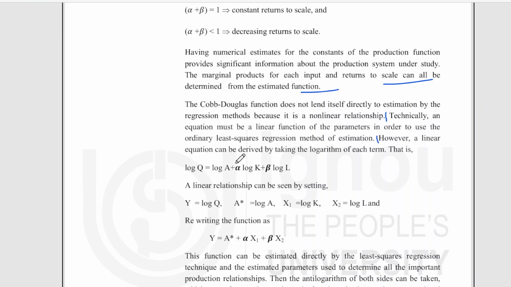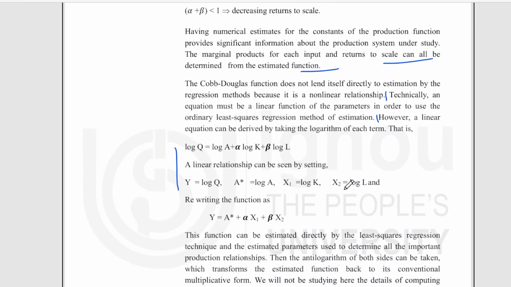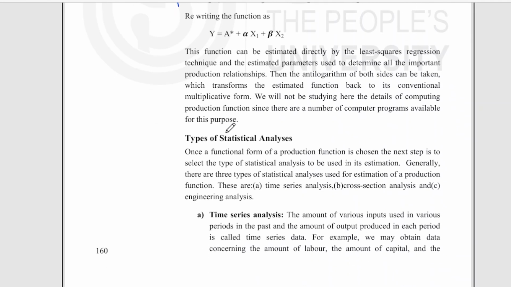However, a linear equation can be derived by taking the logarithm of each term, and that is like this. The function can be estimated directly by the least squares regression technique, and the estimated parameters used to determine all the important production relationships.